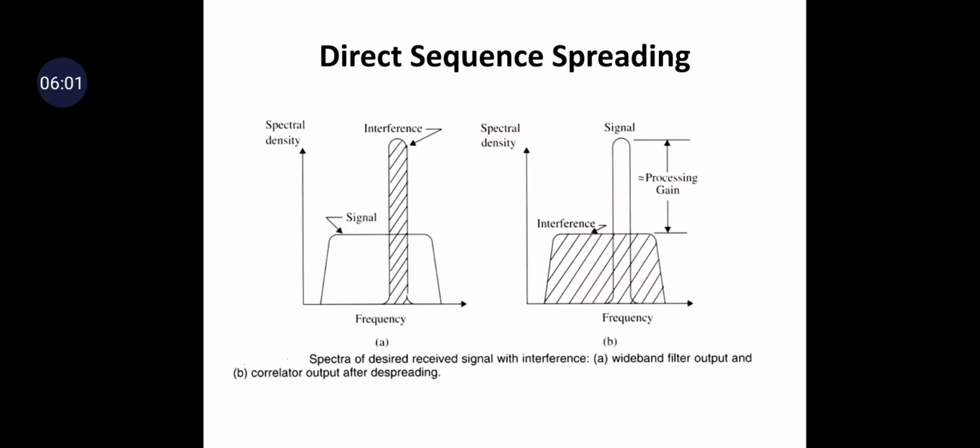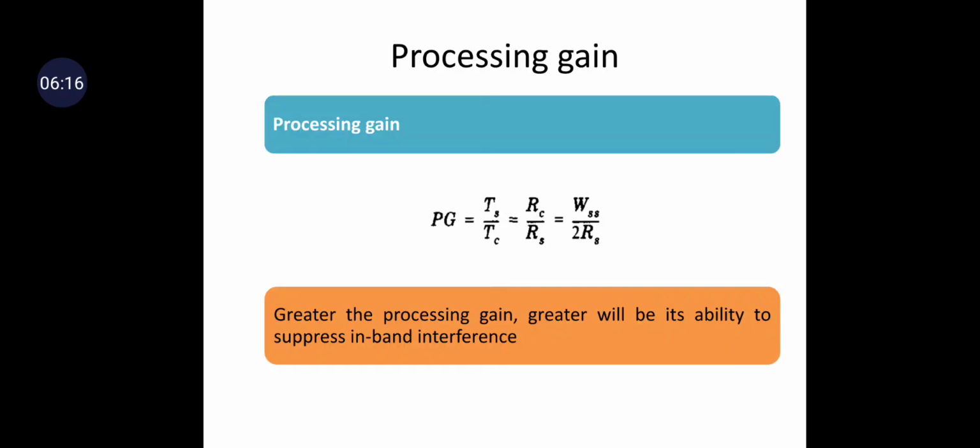So this is the spectrum of the desired received signal with interference. The first one indicates the wideband filter output, and the second diagram indicates the correlator output after despreading. And for the spread spectrum technique, we have an important parameter called processing gain.